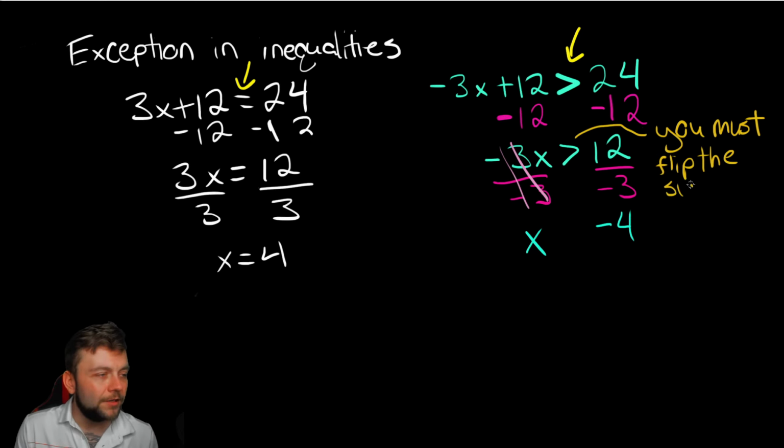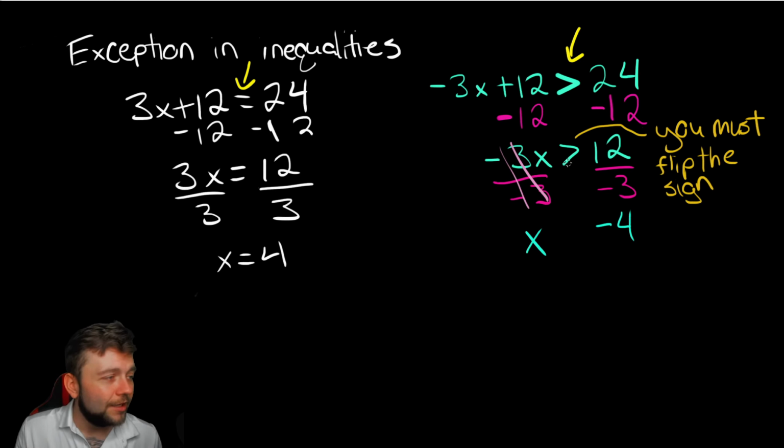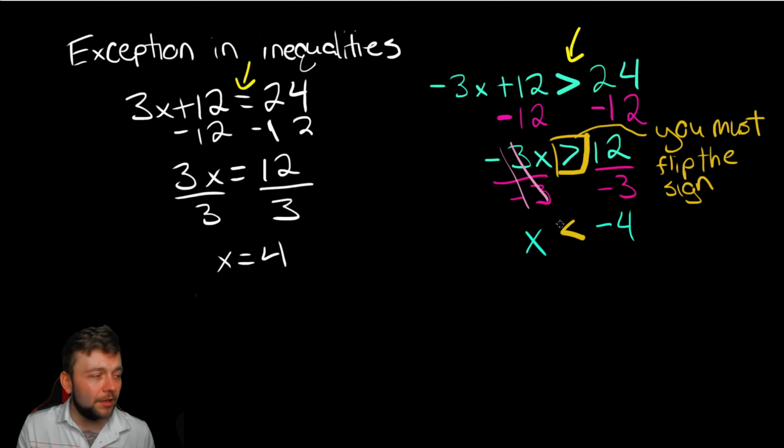Okay? Just flip it. Flip it like a pancake, right? So we have to flip this. And if we were to flip this like a pancake, what direction is it pointing? It is now pointing this way. So it becomes a less than symbol.